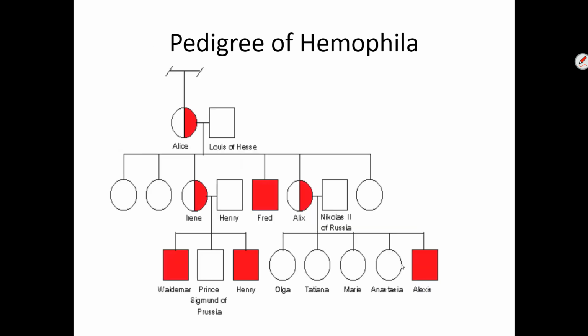Another famous example of this is hemophilia. Hemophilia is an X-linked recessive disease as well. And one very famous family had this. It was basically a whole dynasty of European monarchs that had this, and it was not good for the length of that dynasty. But again, hemophilia is a bleeding disorder in which you don't have blood clotting.